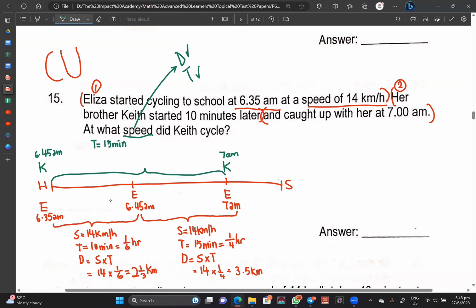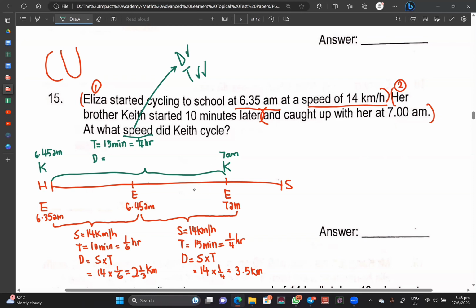You agree so far? Yes, and that is 1/4 hours. So I got my time. What about my distance? You realize that Eliza traveled from here to here, and Keith traveled from here to here as well. So both of them traveled the same distance. You understand what I'm saying?